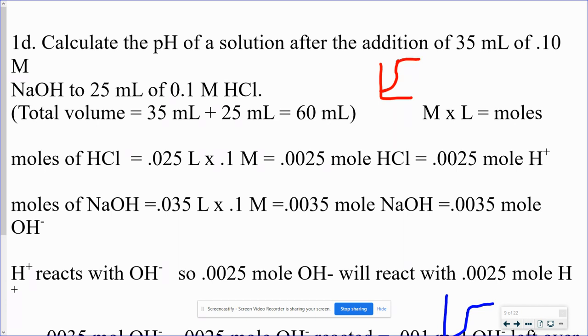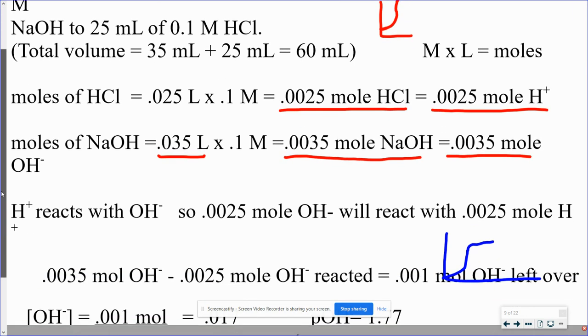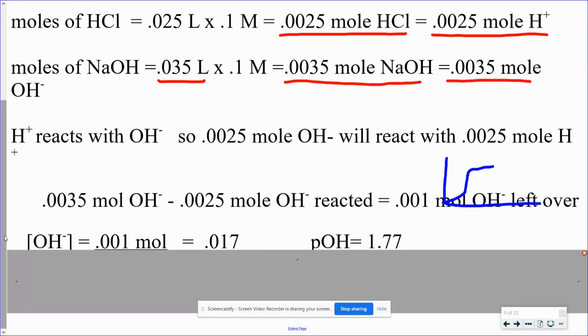So with the same process, I start with how much HCl I had, still have that many moles in there, but now I've added 35 milliliters of the NaOH. So now I'm adding 0.0035 moles of NaOH, which is 0.0035 moles of OH-. Again, they're going to completely react together, but only 0.0025 moles of the OH- will be reacted because that's all of the H+ I have.